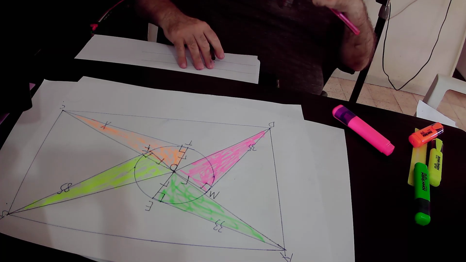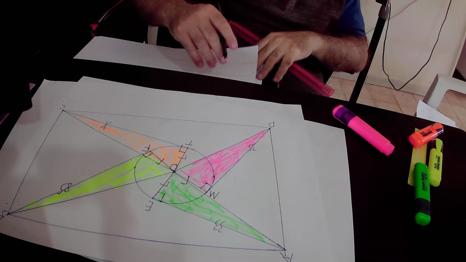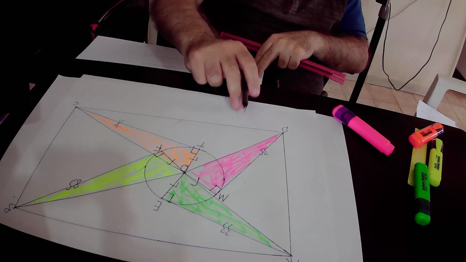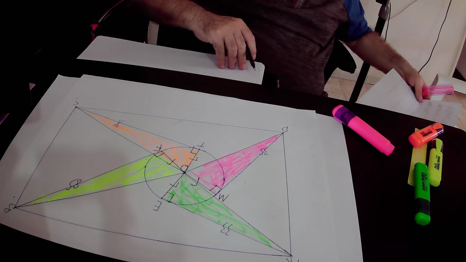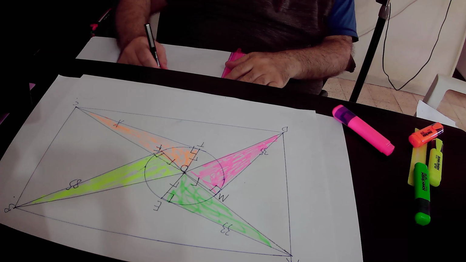In the next step, I will copy rectangle ABCD with its circle inside it. In the new page, we'll analyze the rectangle with its circle.